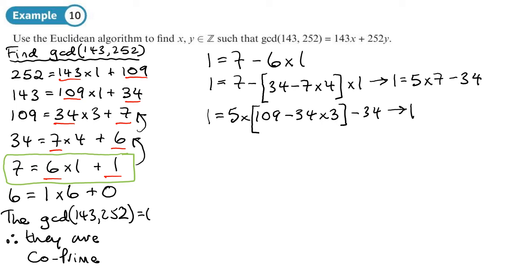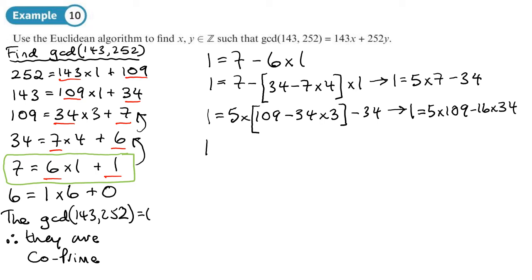Again, we tidy that up. So we've got 5 lots of 109. Then that's going to be negative 3 lots, so we've got negative 15 lots when we expand the brackets of 34. Negative 15 lots of 34. Take away another 34, so that's negative 16 lots of 34.